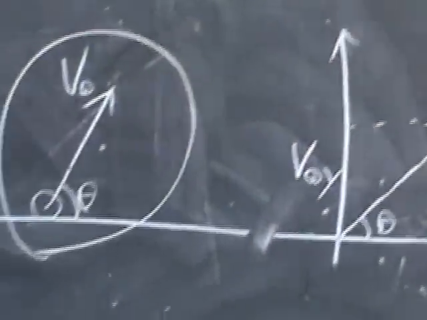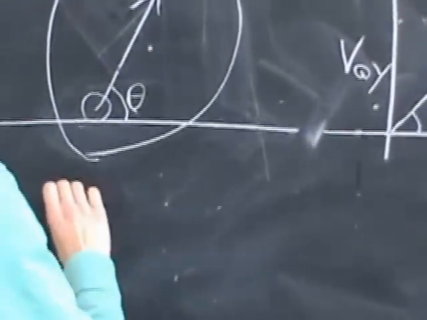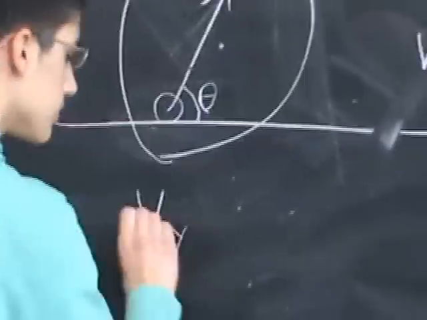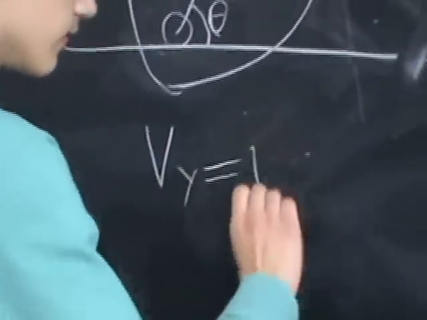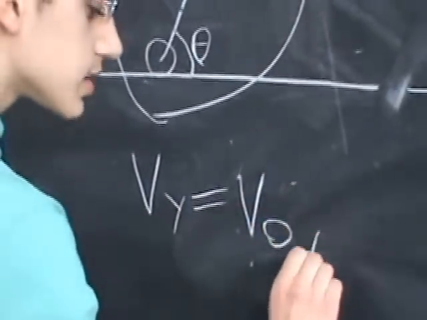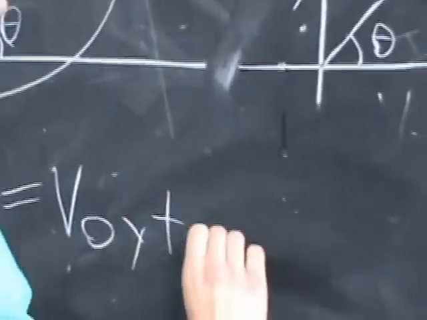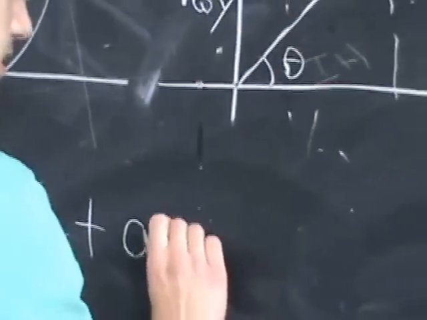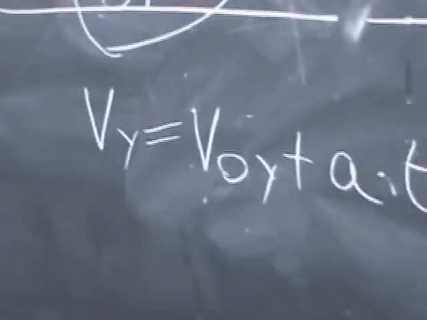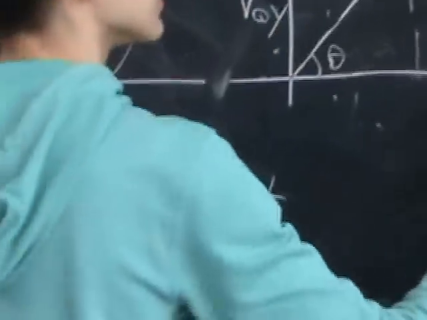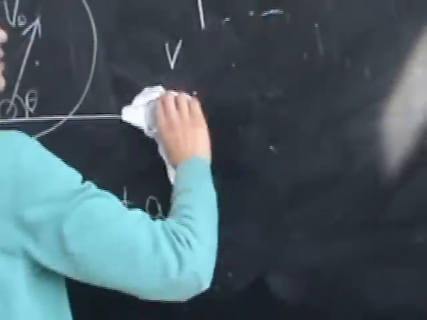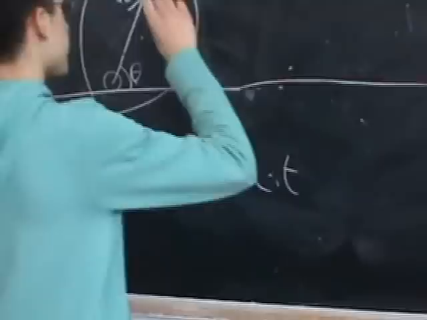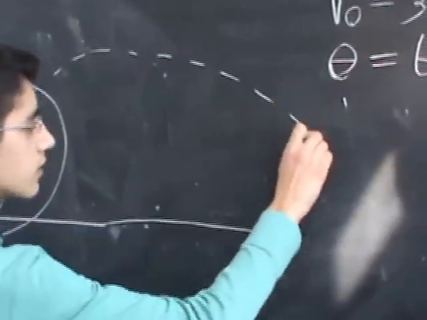We could use this formula: Vy equals V sub 0 sub y plus a, which is g, times t. So the trajectory of the object will go like this.